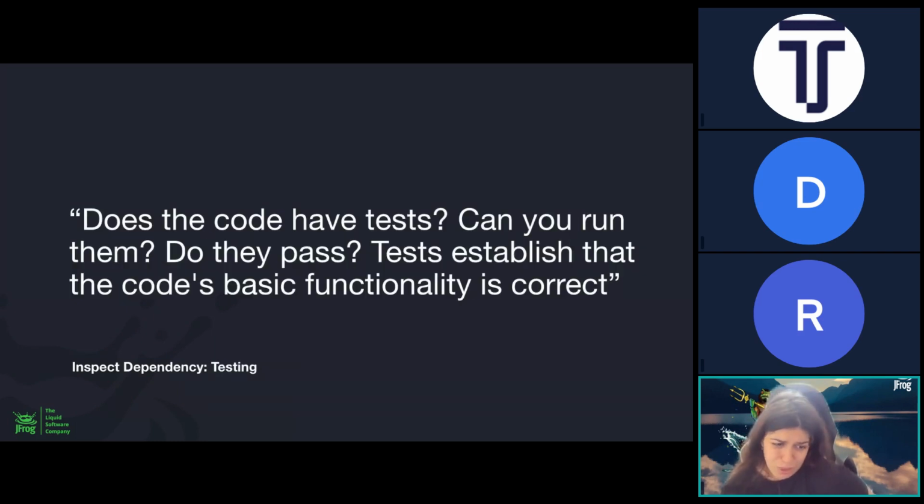Now, testing, of course, is super important. So does the code have tests? Can you run them? Do they pass all the tests? Tests establish that the code's basic functionality is correct, and they signal that the developer is serious about keeping it correct. So again, whenever I'm looking for something new, if you open the repository, you will see the tests.